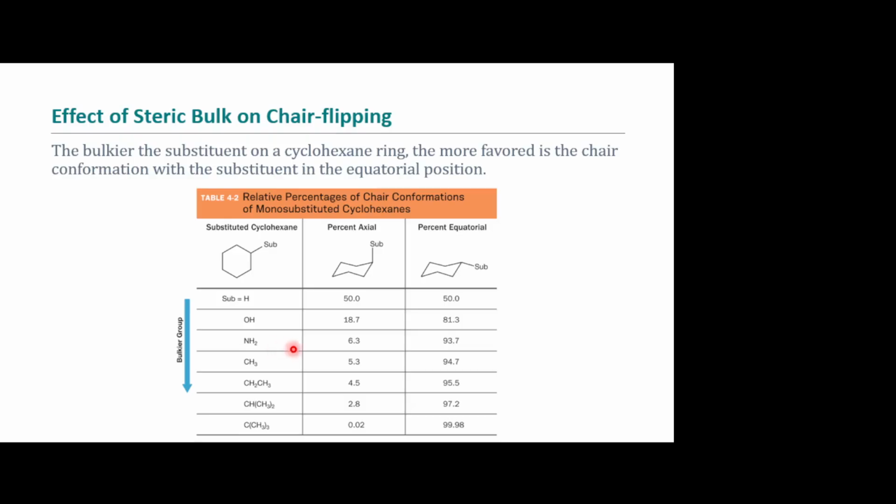But we make that even bulkier, and what we see is it drops off even more. And by the time we get like a tert-butyl, it's a really bulky group, and essentially all of it ends up in the equatorial position. You'll have very, very little of it that ever ends up in the axial position, but you will have some. Okay? And so it's a pretty large difference in energies there.